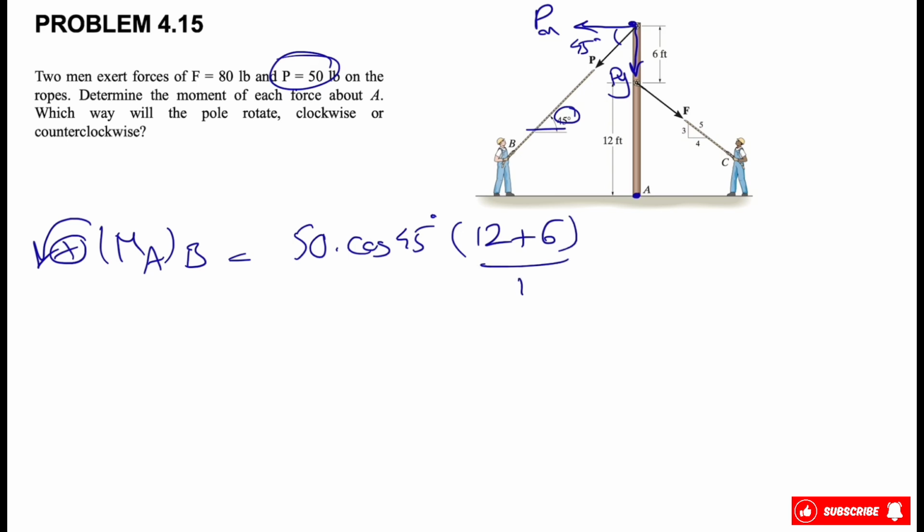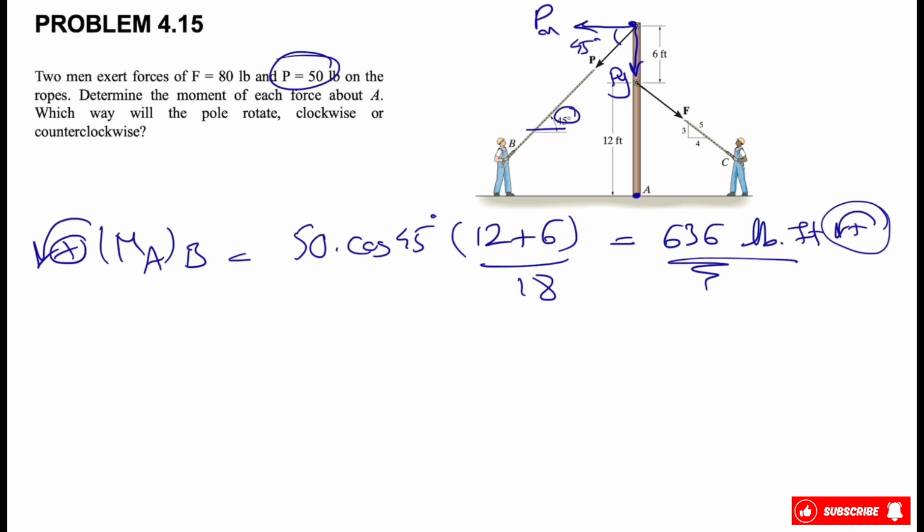So we get 18 for here, and if we calculate this, we get 636 pound-foot. And since the moment is counterclockwise, we will have a positive sign, or we can show it here like that. So the first moment is 636.